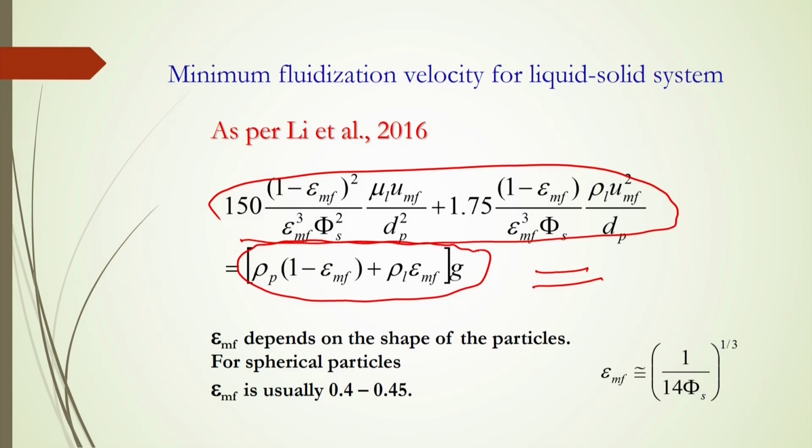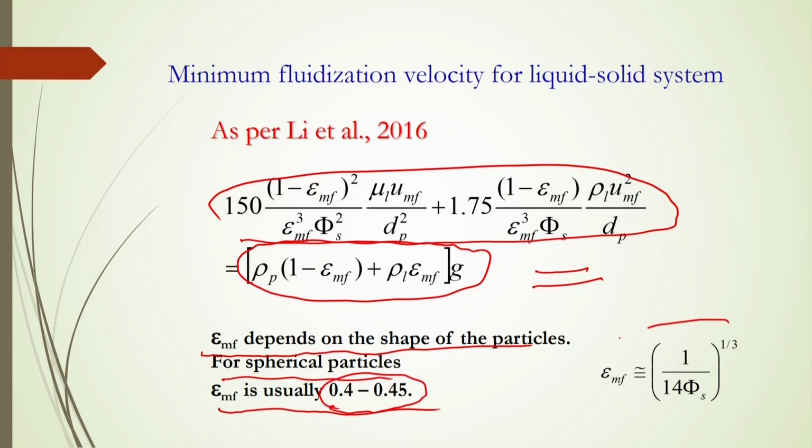And here, the minimum porosity at the minimum fluidization condition, or you can say the minimum voidage, depends on the shape of the particle. For spherical particles, this epsilon mf, the minimum voidage, will be within the range of 0.4 to 0.45.